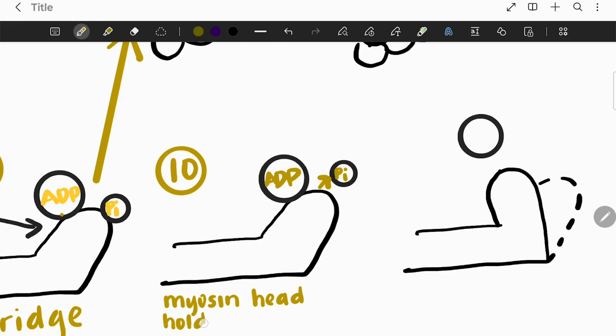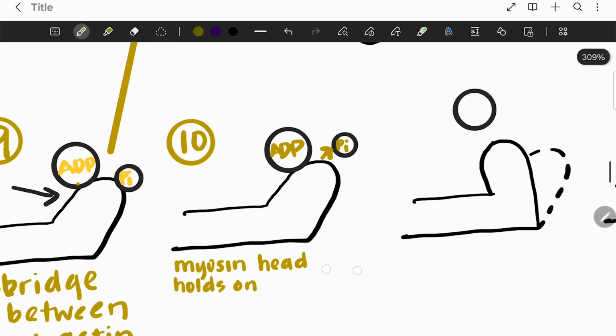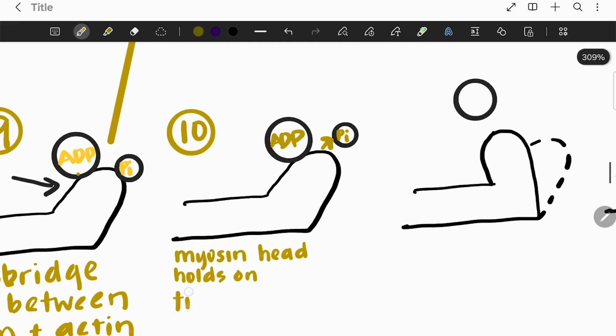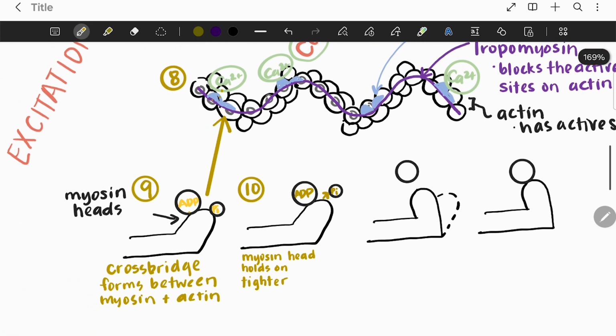Okay. So now that myosin head is still locked into the actin, but now it's holding on tighter, okay? And the reason it needs to hold on tighter is because it's getting ready for the power stroke. It's going to essentially bend, and it wants to make sure it's holding on real tight when it does that, so it doesn't let go of the actin.